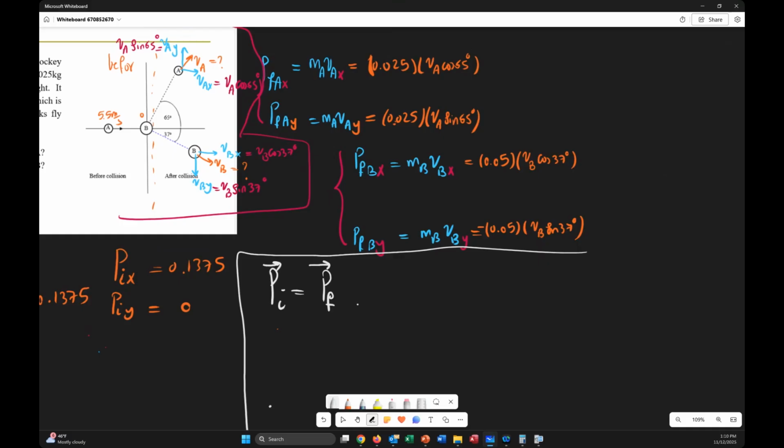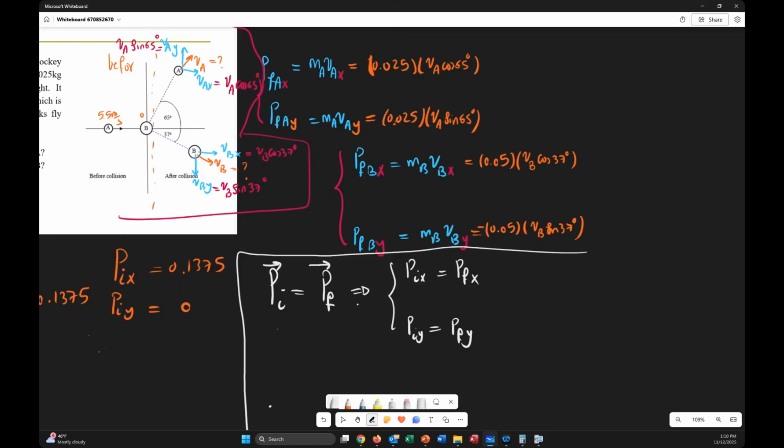Vector. But when it becomes two dimensions, yes, I just break this down. I just write PIX equals PFX, yes. P initial equals P final in x-axis. P initial in y-axis equals P final in y-axis.